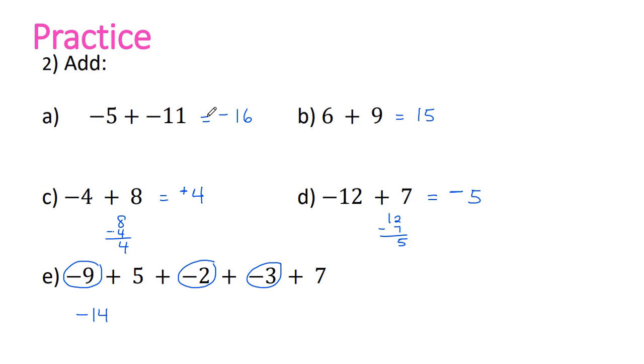And then we can combine our positives. 5 and 7 makes positive 12. Now that the signs are different, we can compare, but 14 is the greater number, so we're going to keep the negative sign and we'll subtract 14 minus 12, which is 2. So the final result is negative 2 for E.